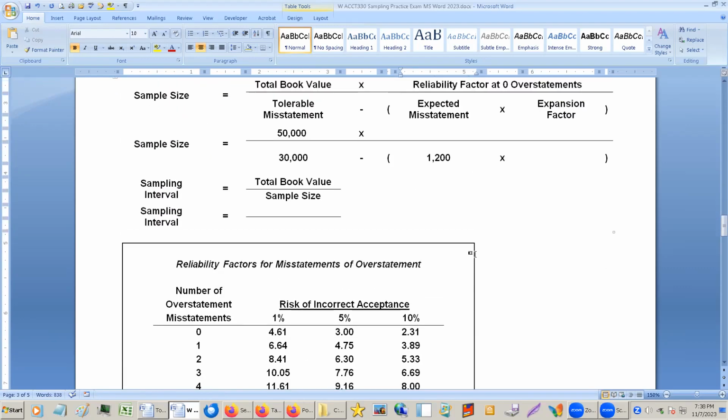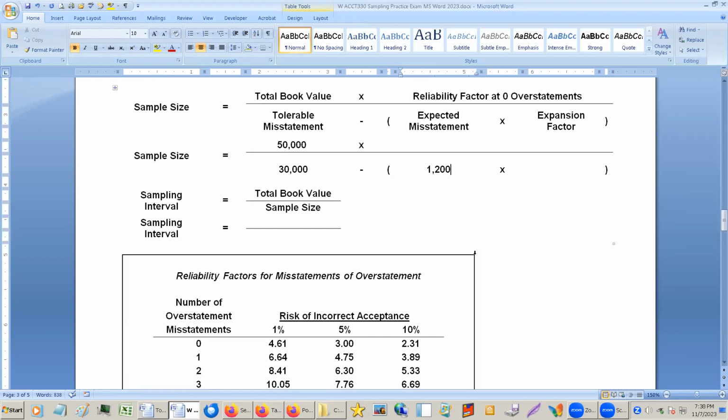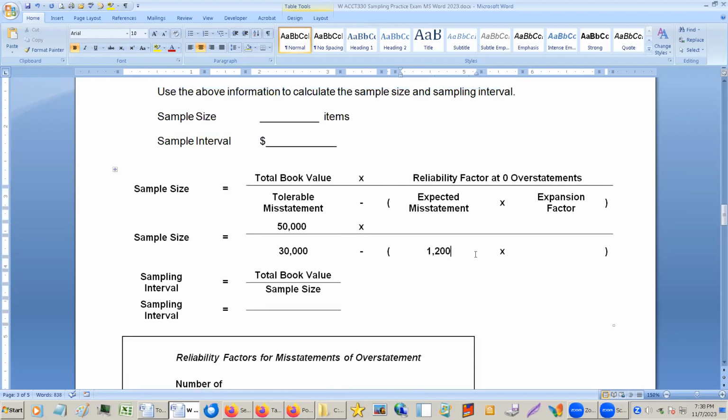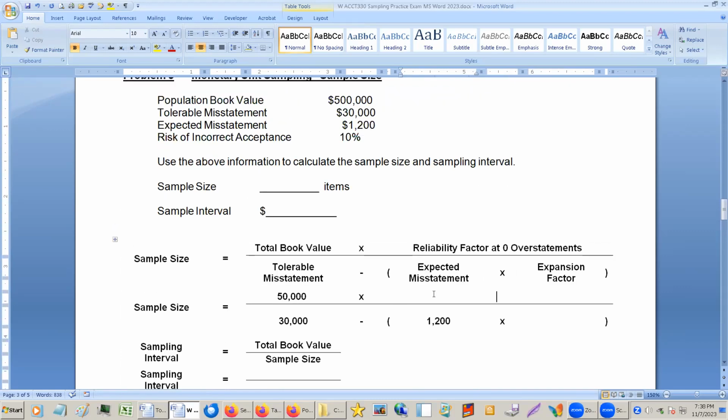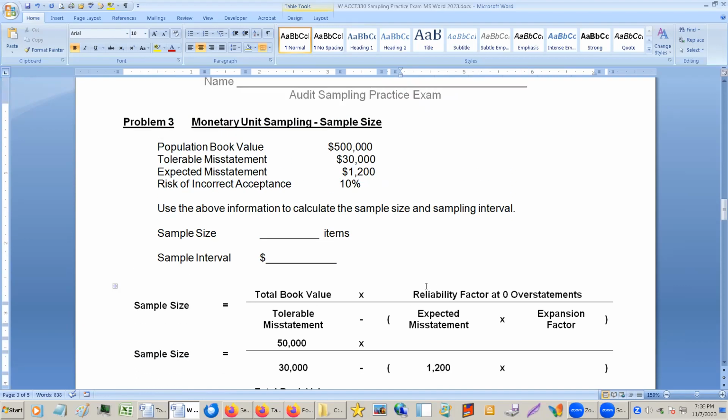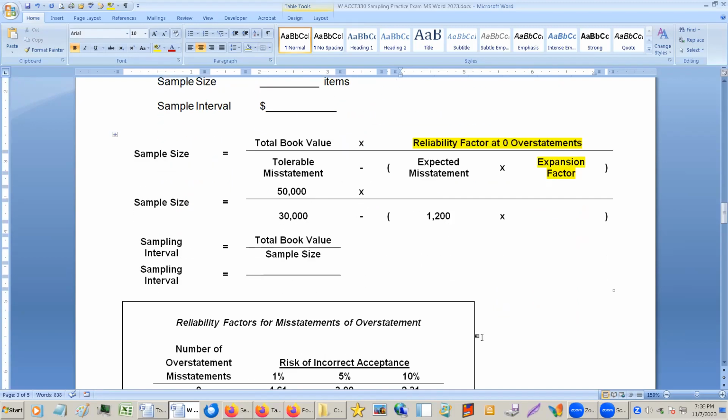The formula is correct; I thought I had another space here. What we need are two things: the reliability factor and the expansion factor. These are the two things we need to get from our table.